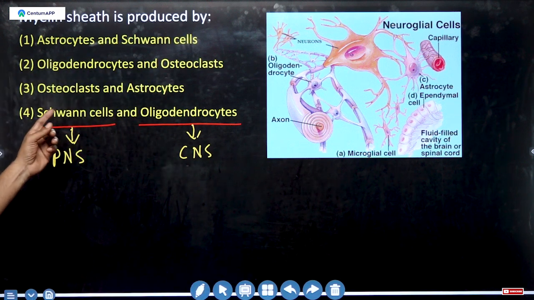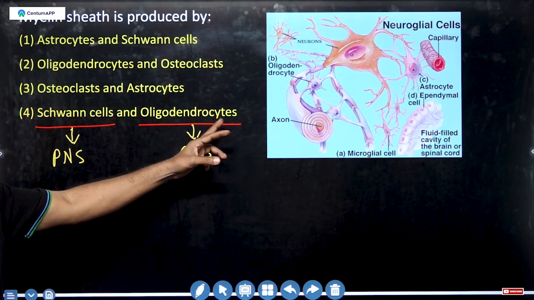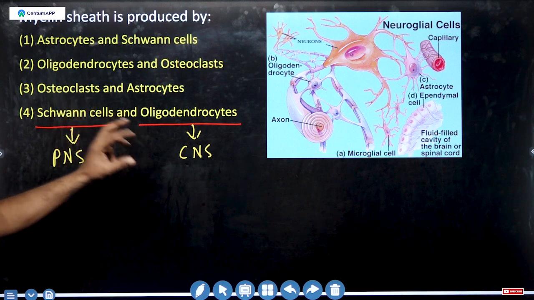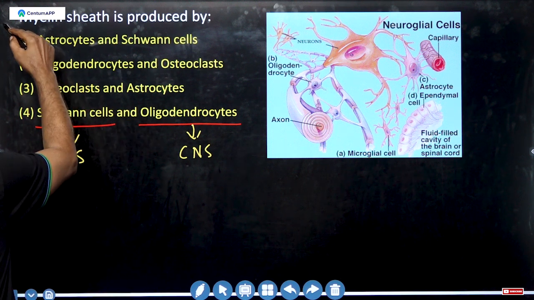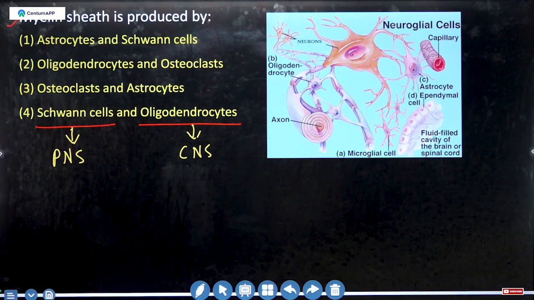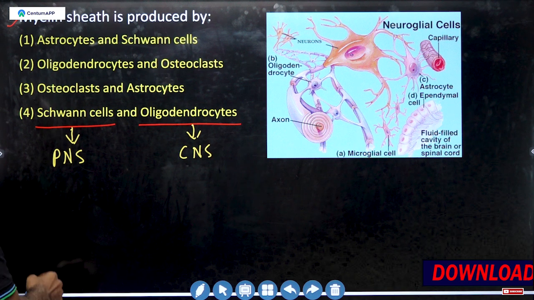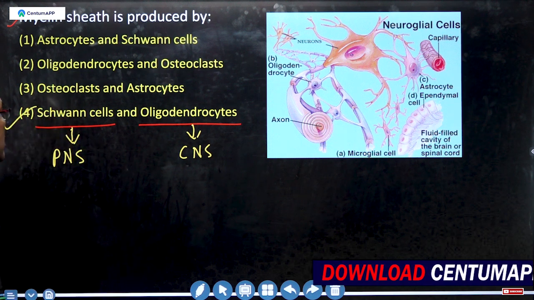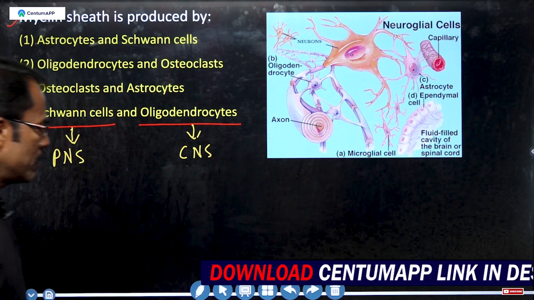So, the PNS Schwann cells and the CNS oligodendrocyte cells both can form or produce the myelin sheath around the neuron. So, our option is the fourth one. Next question.